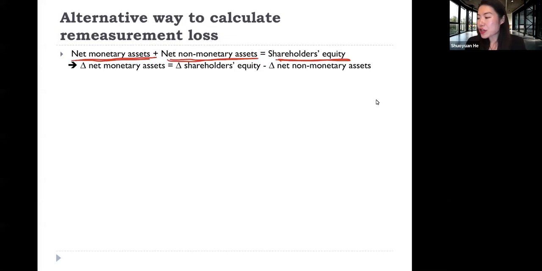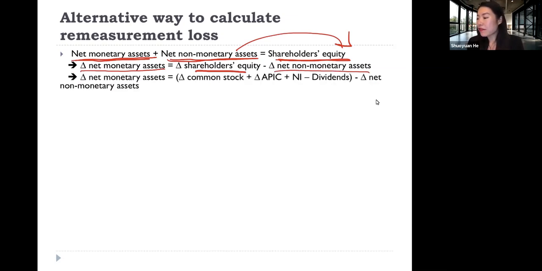And then if we take change for both sides, and move non-monetary asset to the right-hand side of this equation, that gives us change in net monetary asset equals change in shareholders' equity minus the change in net non-monetary asset. And further, change in shareholders' equity can be decomposed into change in common stock plus change in additional paid-in capital plus net income minus dividend.